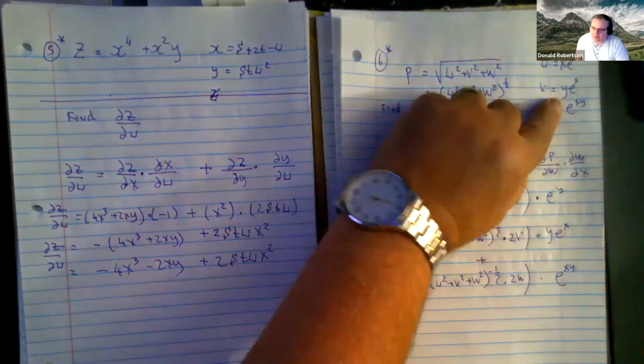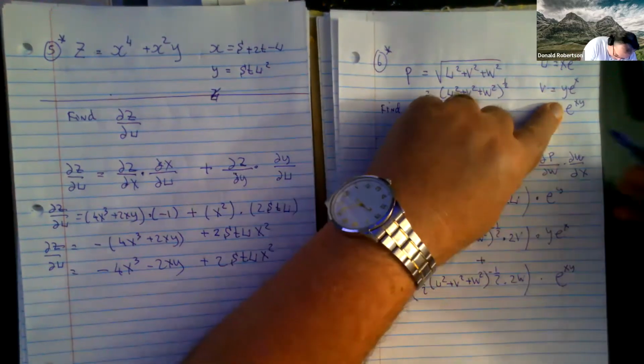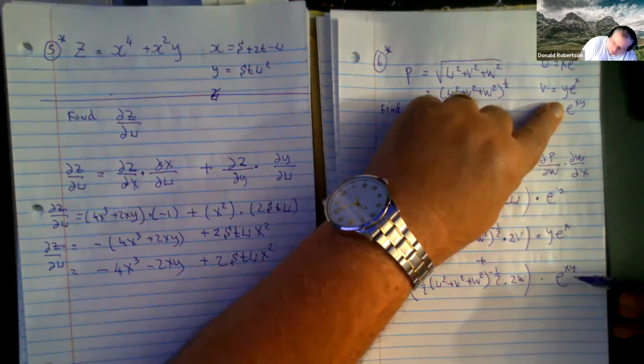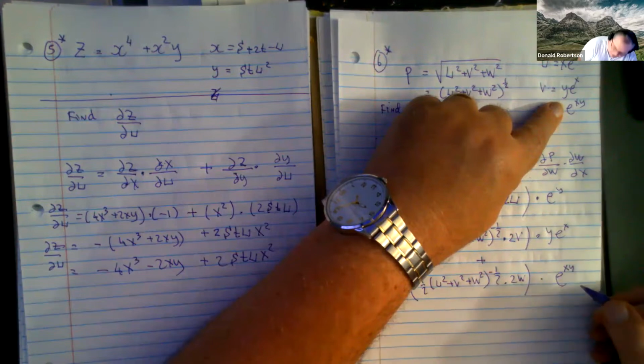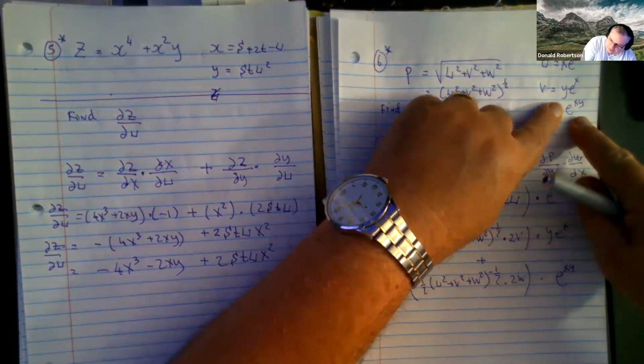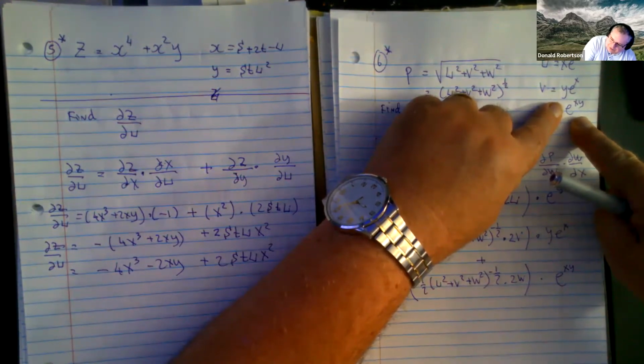okay, that one could catch me. What do you get if you differentiate e to the xy with respect to X? Well, you do get e to the xy, but times something, don't you? Times what? The derivative of e to the 5x would get you e to the 5x times 5.